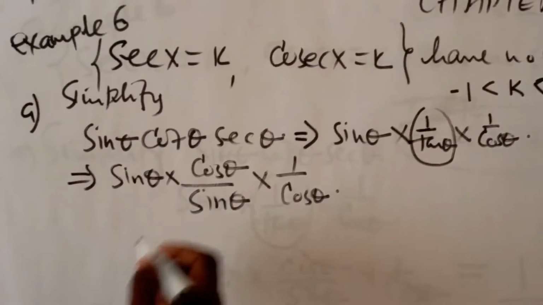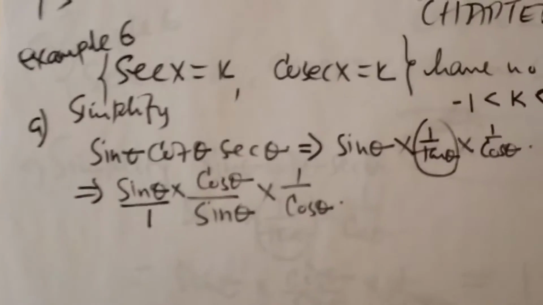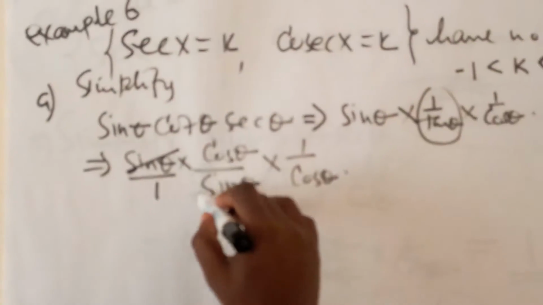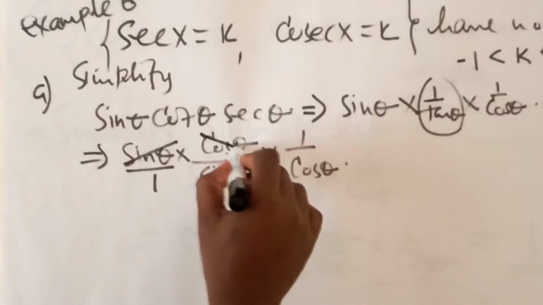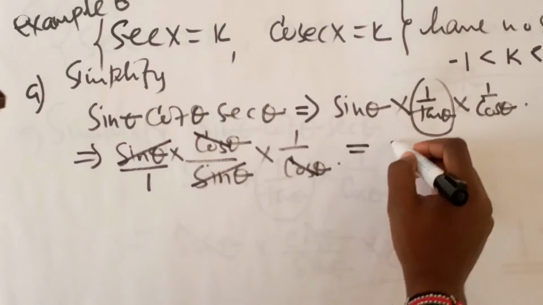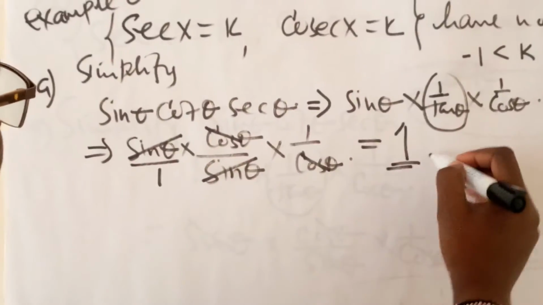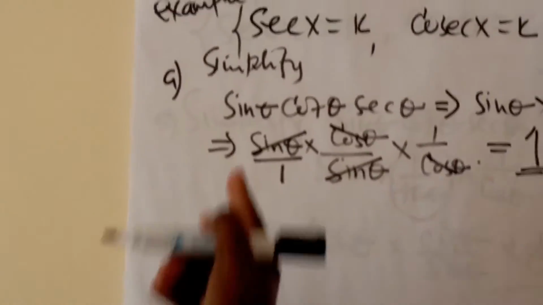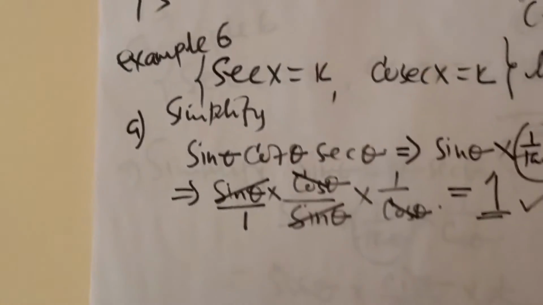And at that particular point, this one is naturally over 1. Sine theta cancels out. Cosine theta cancels out. And this is simply a 1. And that is how we can simplify sine theta, cot theta, sec theta.